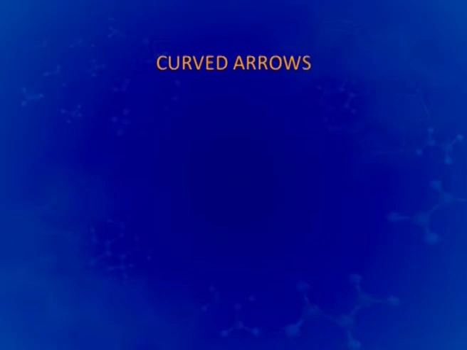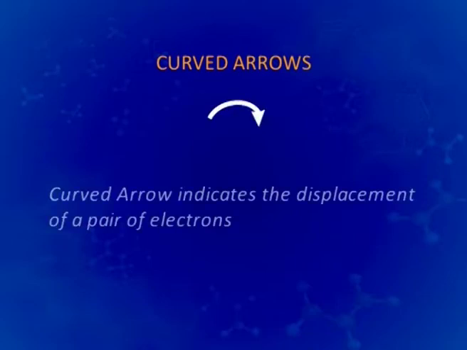The two types of curved arrows which we generally use in depicting the reaction mechanism begin with the curved arrow with a double head, which indicates the displacement of a pair of electrons.